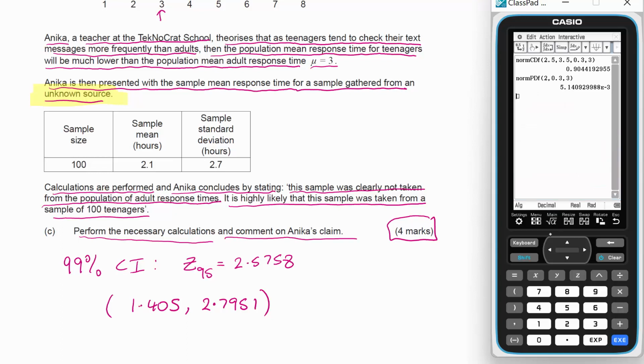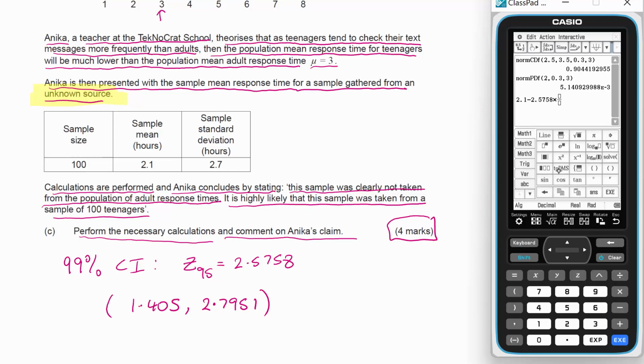Now remember, if you don't use the e-activity, then the calculation would be 2.1 take away the z-score of 2.5758 multiplied by 2.7 divided by 10, which is the square root of 100.